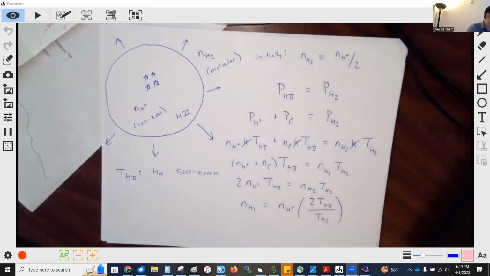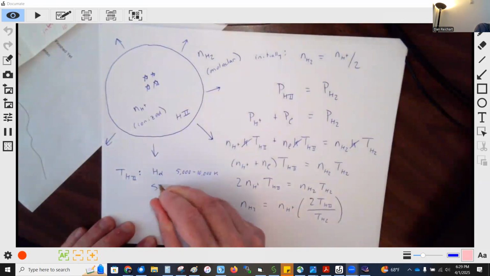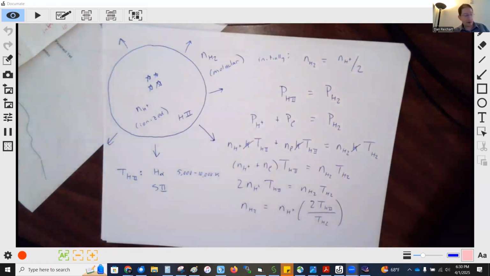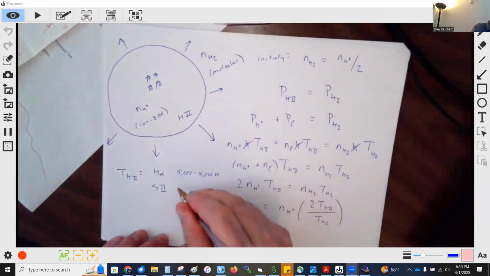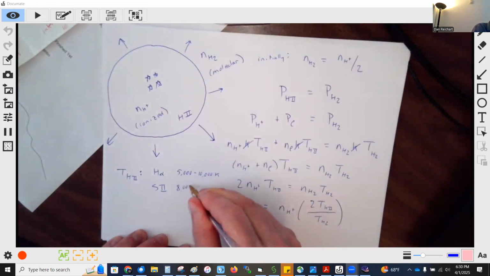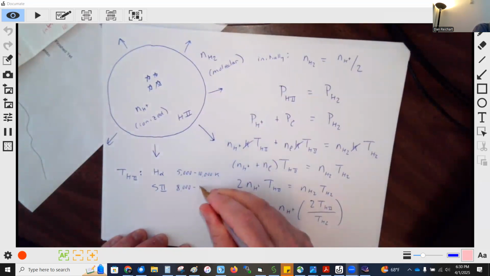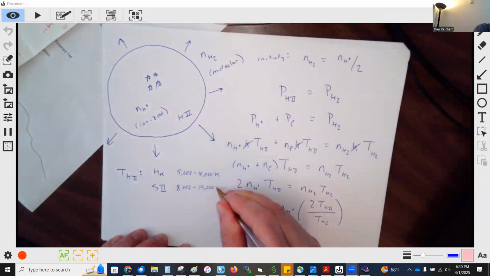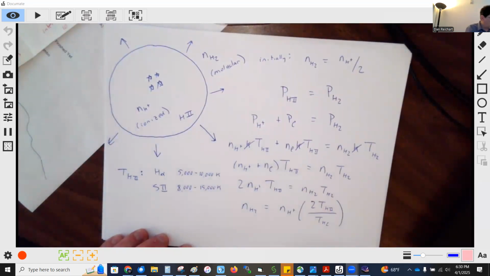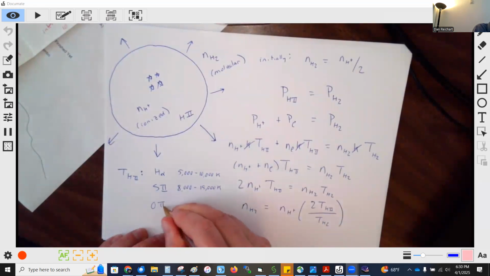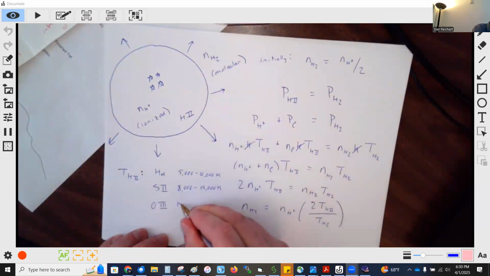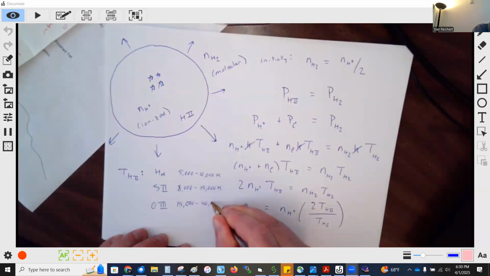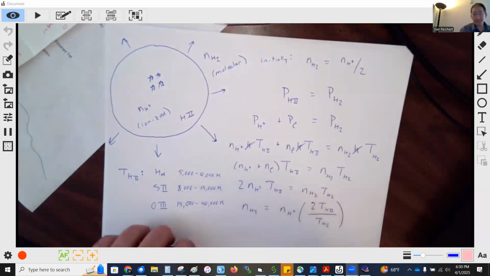Or you might see S II out there in the outskirts. It emits from about 8,000 to 15,000 Kelvin. Or you may see O III, which is 15,000 to 40,000 Kelvin.